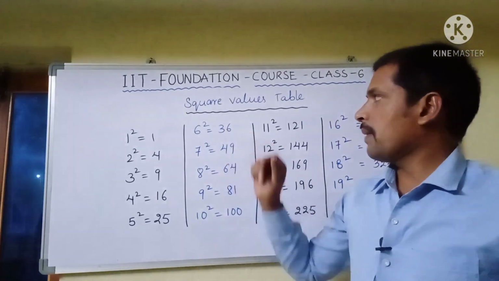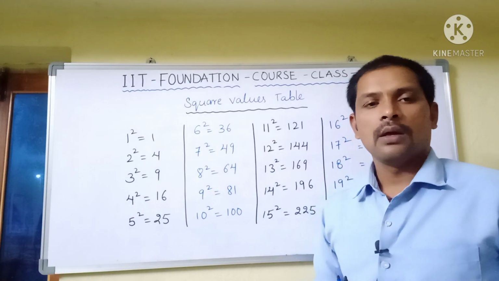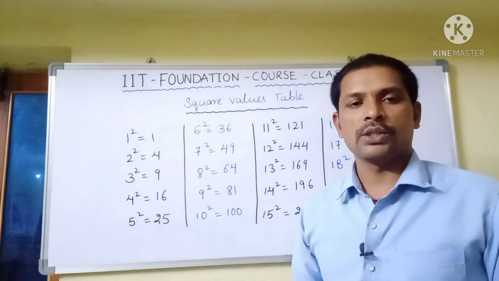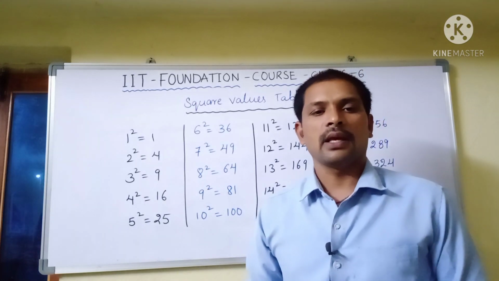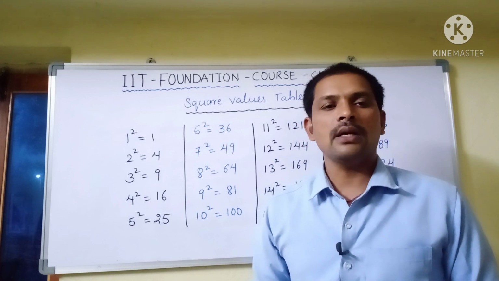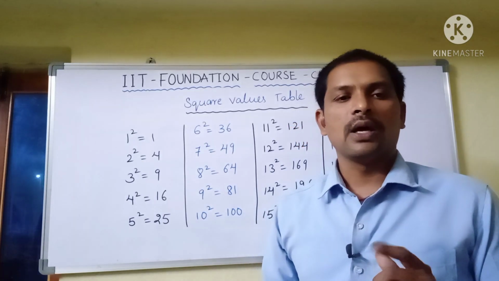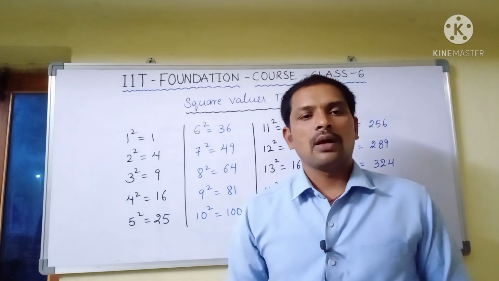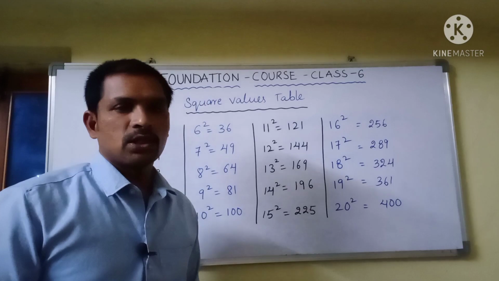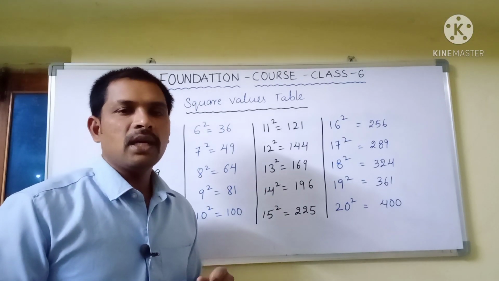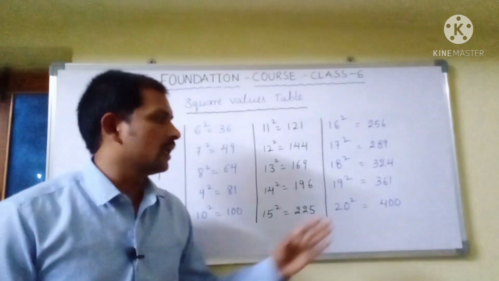Once again, I am explaining. 1 square is 1, 2 square is 4, 3 square is 9, 4 square is 16, 5 square is 25, 6 square is 36, 7 square is 49, 8 square is 64, 9 square is 81, 10 square is 100, 11 square is 121, 12 square is 144, 13 square is 169, 14 square is 196, 15 square is 225, 16 square is 256, 17 square is 289, 18 square is 324, 19 square is 361, finally 20 square is 400.